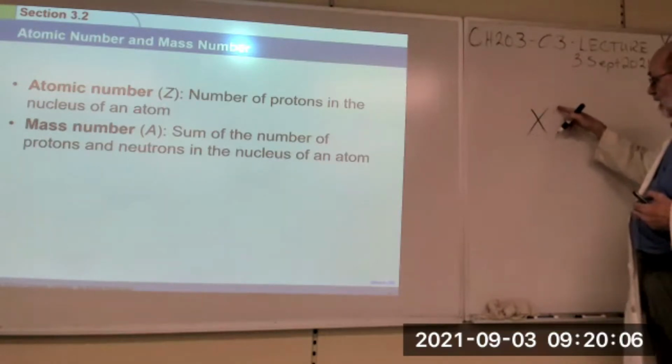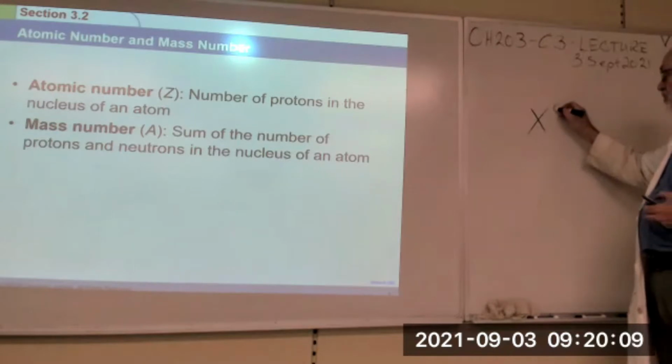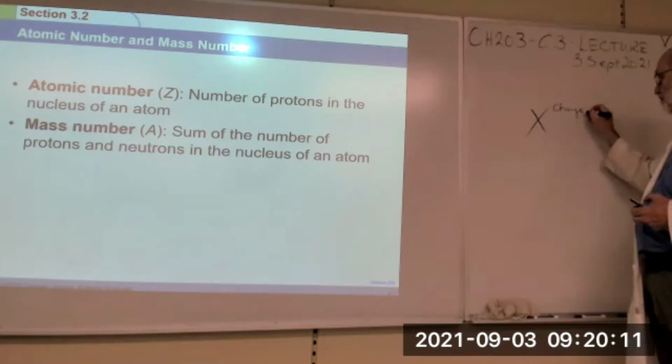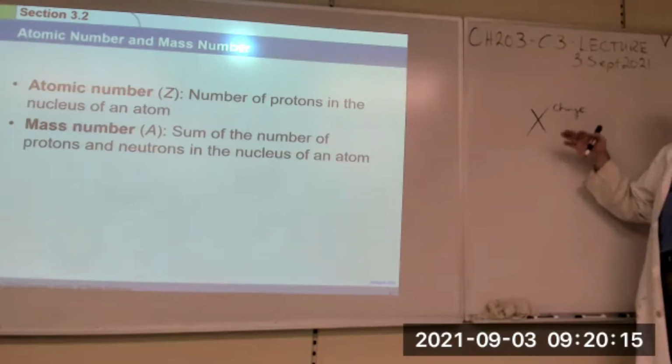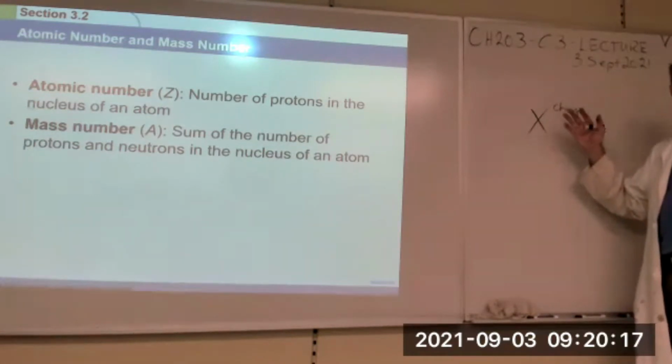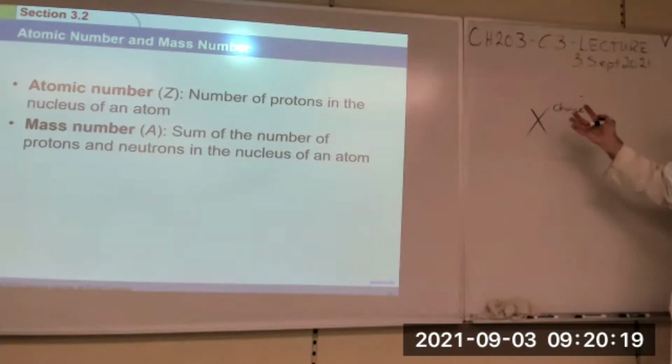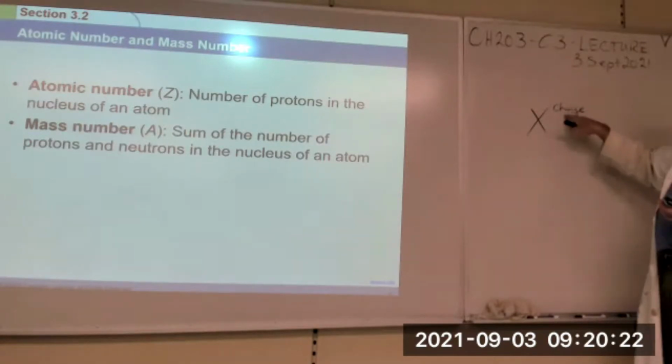So up here in the upper right-hand corner is charge. If it's charged, you'll have a plus, a minus, or 2 plus, 2 minus, 3 plus, 3 minus, whatever the case may be, will be in this position.